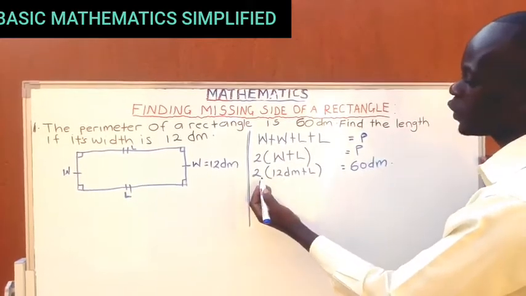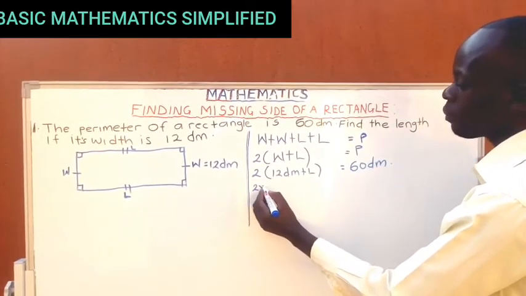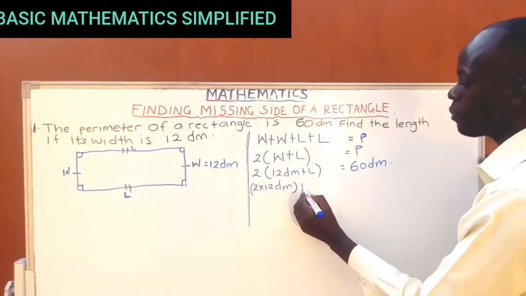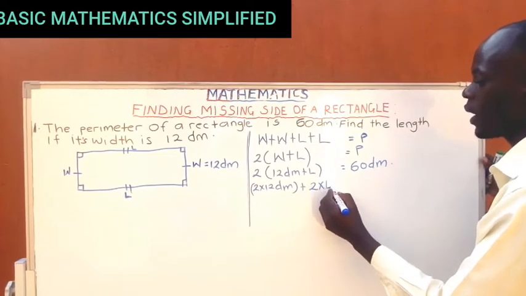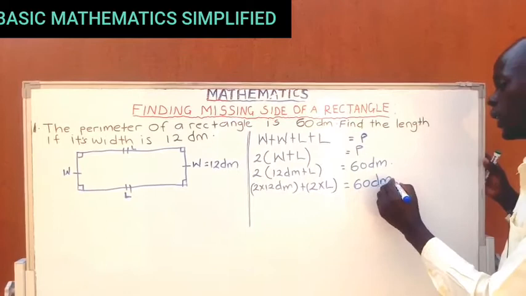Then from this point, you open the brackets by multiplying these 2. What is 2 multiplied by 12 decimeters plus 2 multiplied by length equals 60 decimeters.